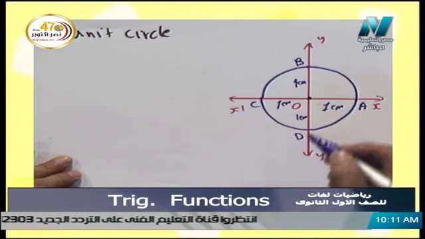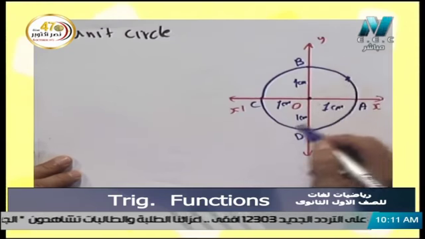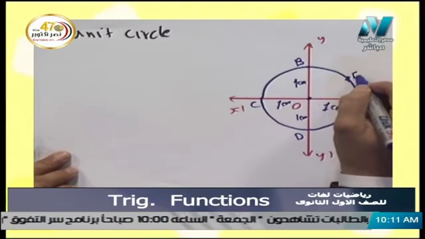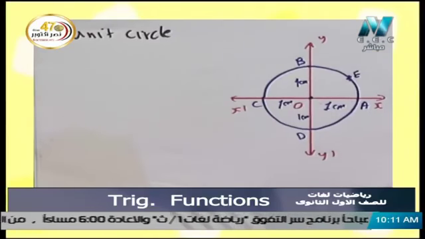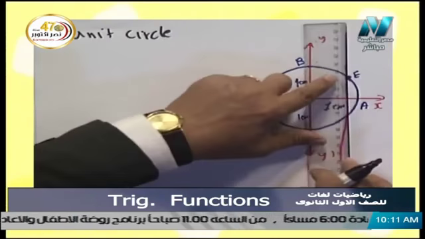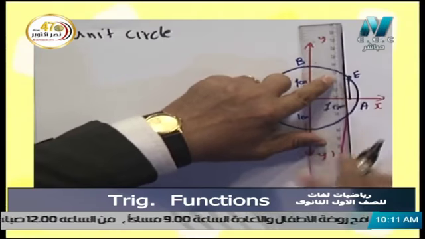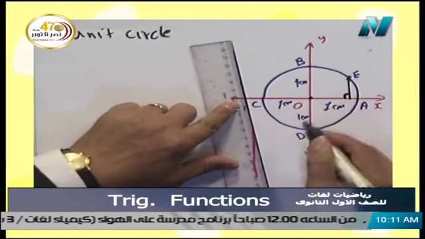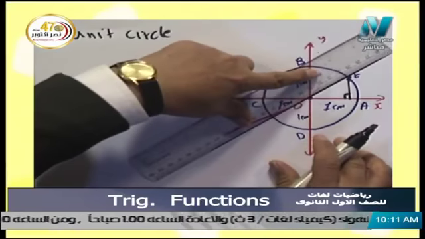Okay, and if we have here a point, say it's E, we will complete the right angle triangle by drawing a perpendicular from E to the x-axis. So we have a right angle here, and we will join OE.